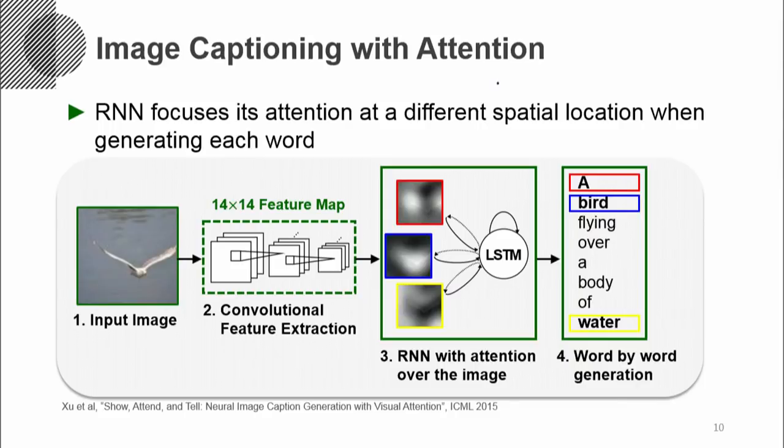So this is an overview of our attention-based image captioning model. Given an image, we extract some useful features by using this convolutional neural net module. And then when generating our captions, we use an RNN-based model, but in this RNN, there is an additional module called attention.